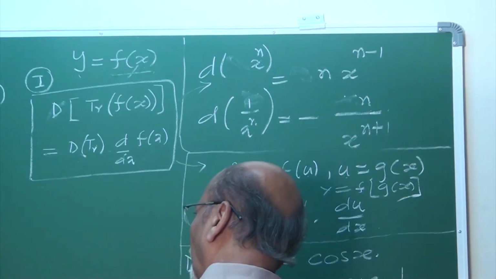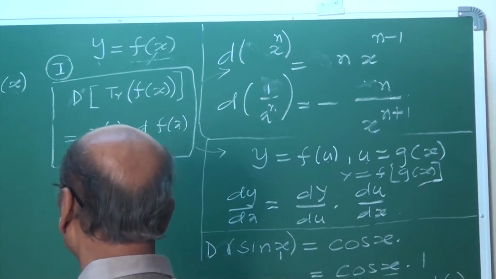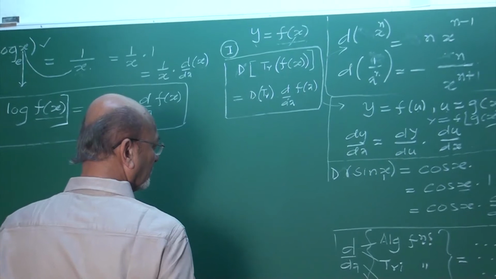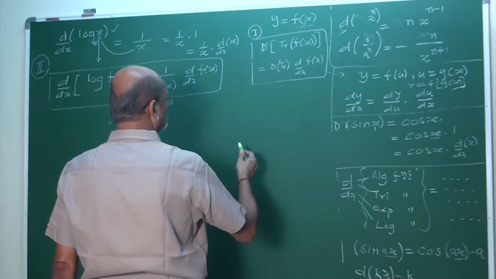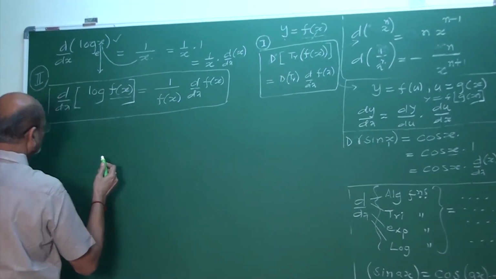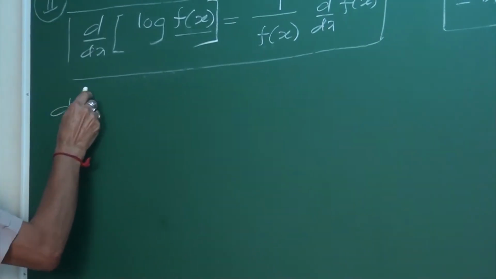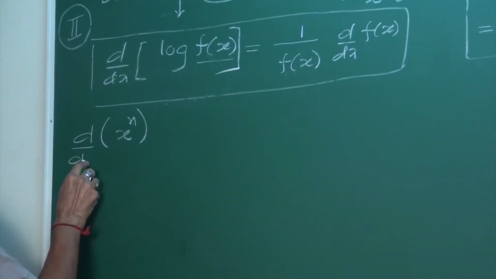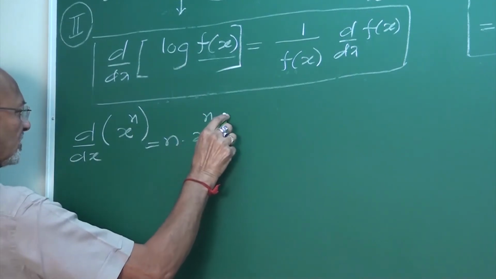Let me write one more set of formulae first. The derivative of x to the power n with respect to x is power into x to the power 1 less.